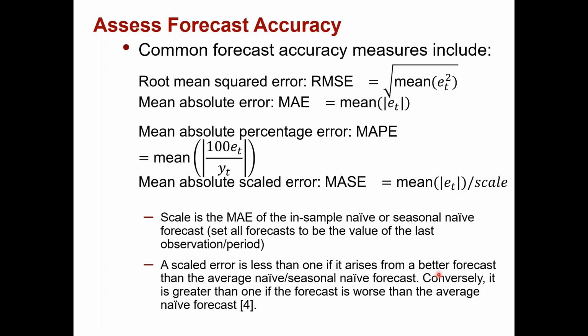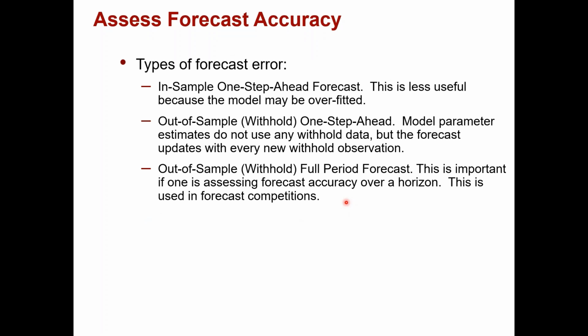If it's greater than 1, it's worse than naive. If it's less than 1, it's better than naive. So MASE is a useful measure. They're all useful, and we provide all 4 in the reports.